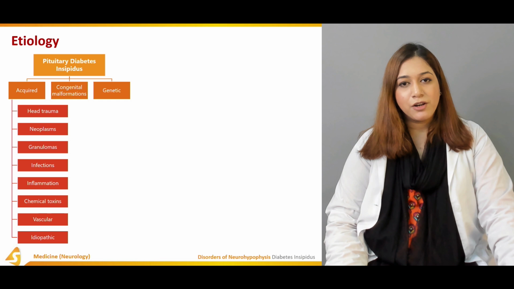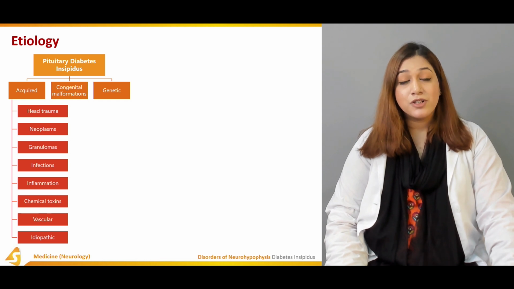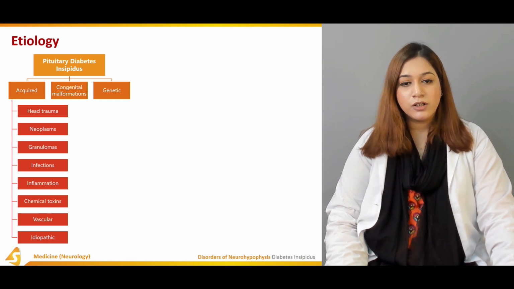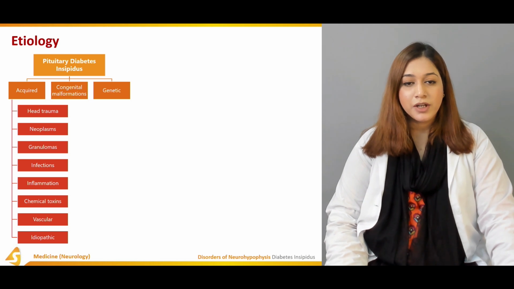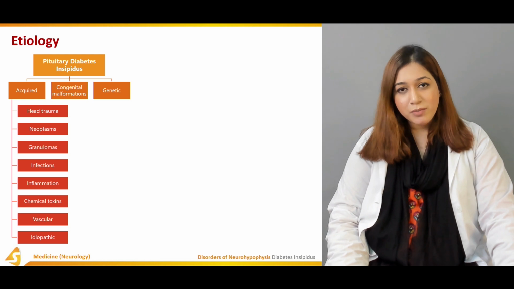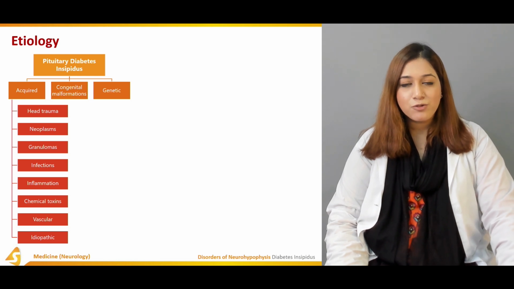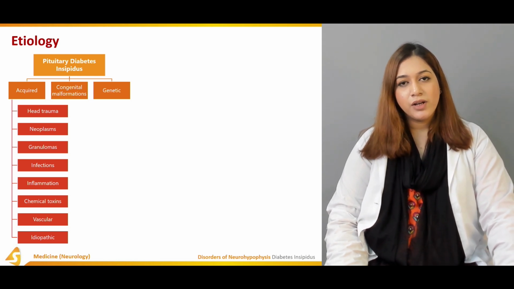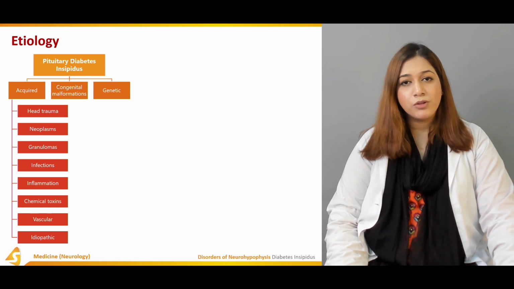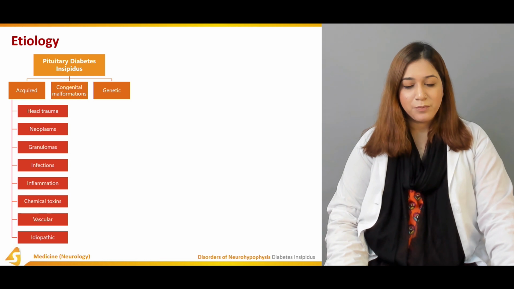Then there are granulomas, certain infections like tuberculous meningitis and certain other infections, inflammation, certain chemical toxins, vascular diseases like Sheehan's syndrome, and in around half of the patients, or 1/4 of the cases, the pituitary diabetes insipidus is idiopathic.